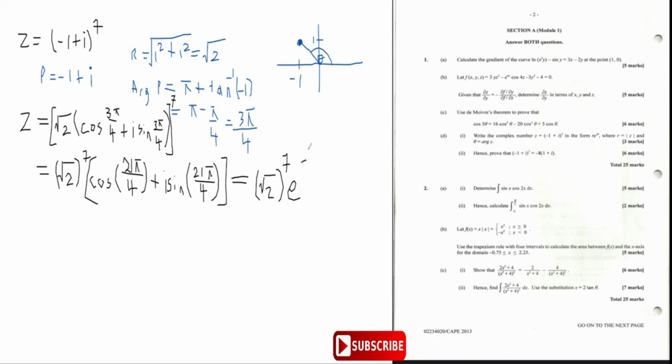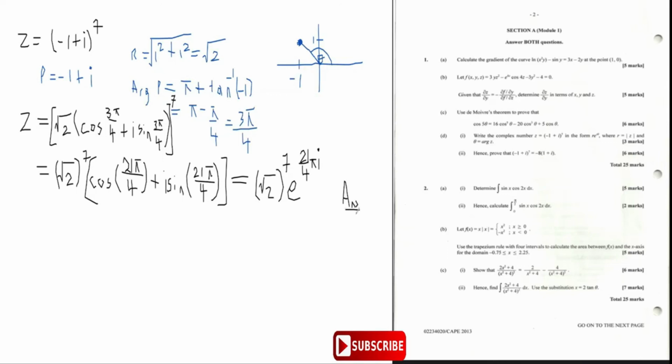I times theta is going to be 21 over 4 pi times I. All right, and that's that. That is z: root 2 to the 7, e to the 21 over 4 pi times I. Nice. So that takes care of part 1.